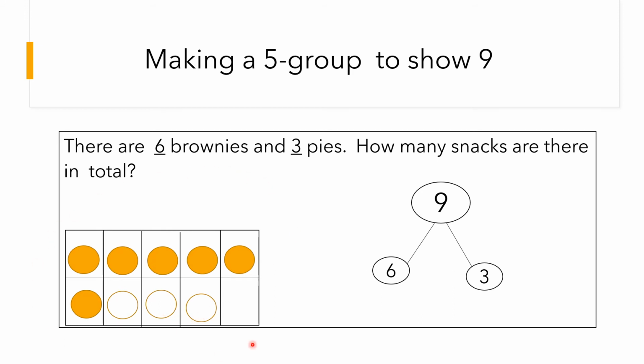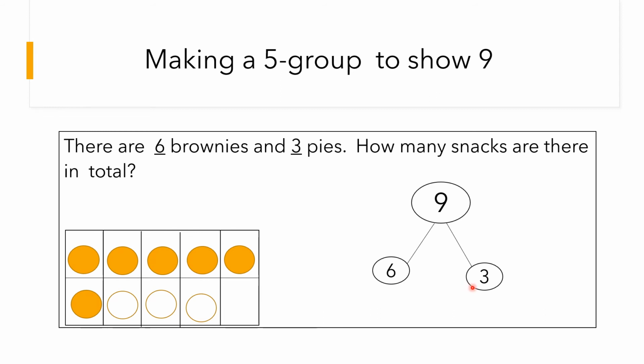We've completed our 5 group of 9 for this story. Now we want to finish the number bond. Going in our hole is the number, you guessed it, 9. One of our parts is 6 because there were 6 brownies.